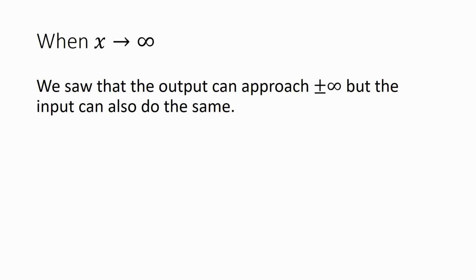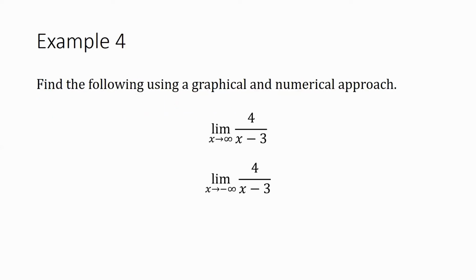So we can ask, for instance, what the limit of 4 over x minus 3 is as x approaches infinity, or what the limit of 4 over x minus 3 is as x approaches negative infinity.